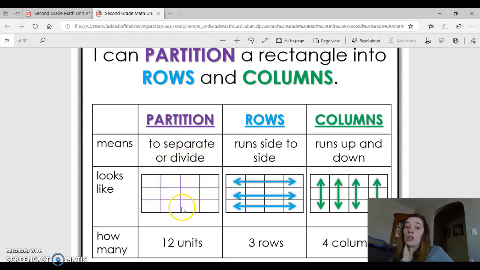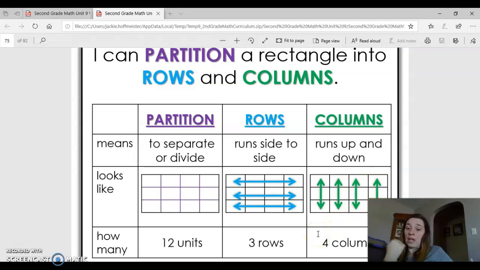This is what it would look like if we were to partition a rectangle into 3 rows and 4 columns. 3 rows side to side, 1, 2, 3, and 4 columns up and down, 1, 2, 3, 4.